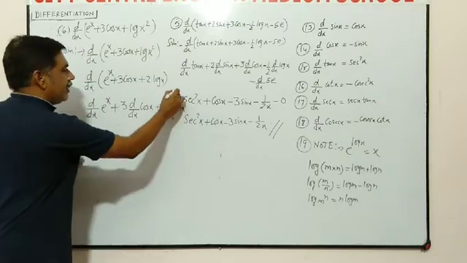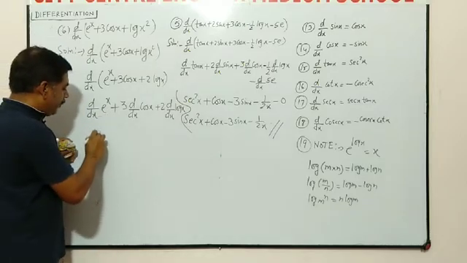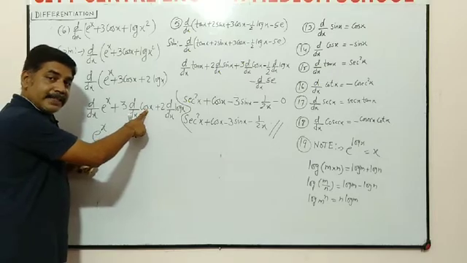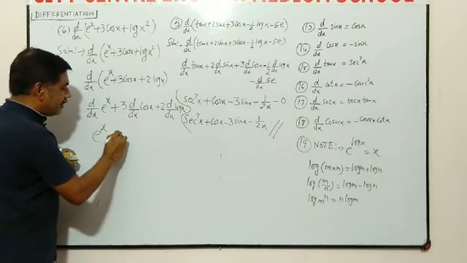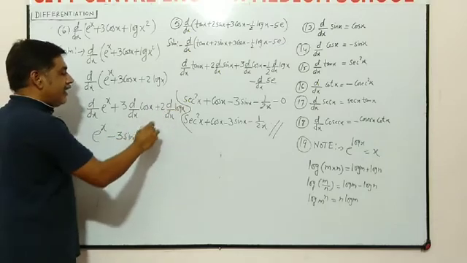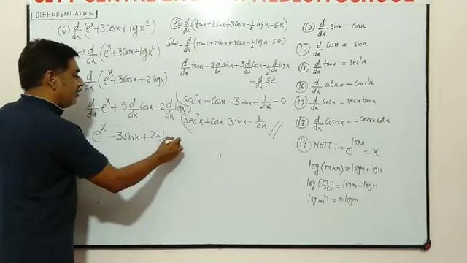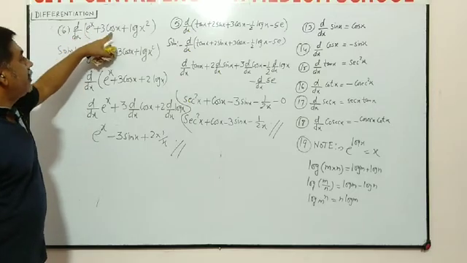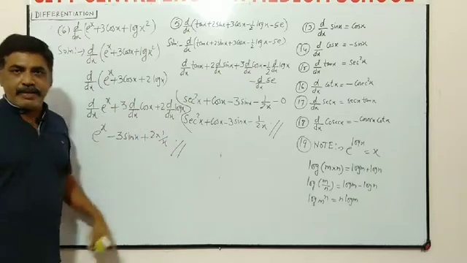Differentiation of e raised to x is e raised to x. Differentiation of cos x, c starts from c, is minus sin x. So minus 3 sin x plus differentiation of log x, 1 by x. So this is the differentiation of e raised to x plus 3 cos x plus log x square.